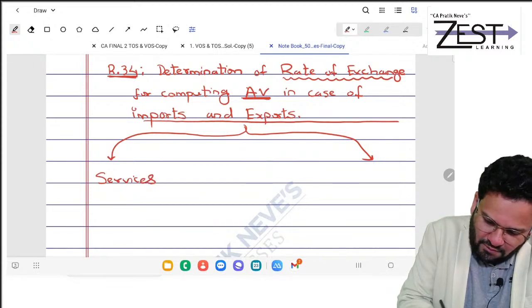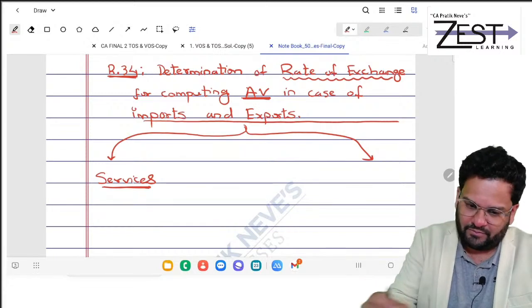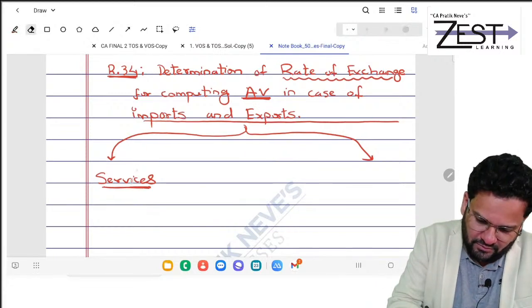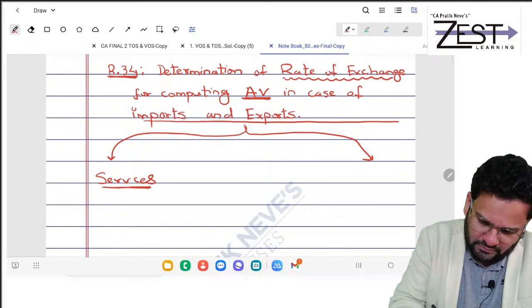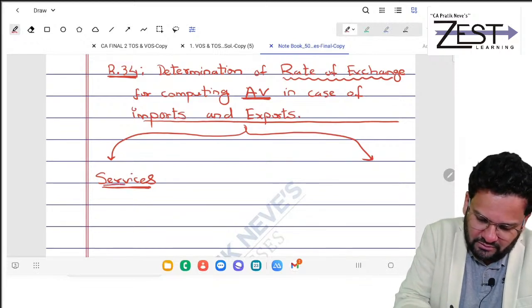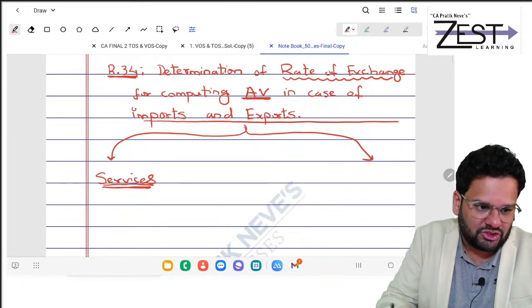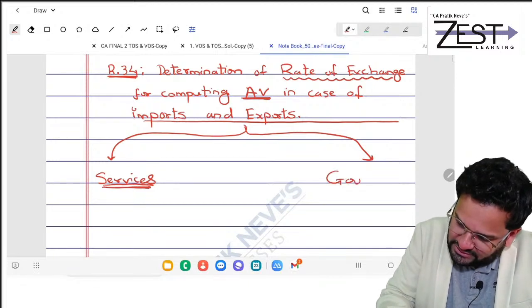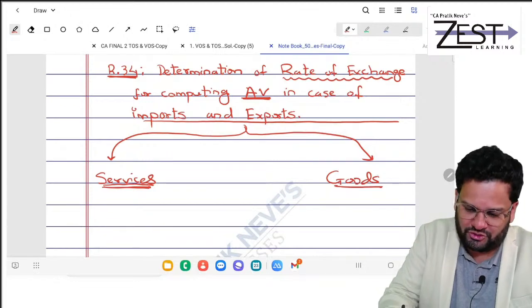So, in case of services, how will you determine rate of exchange? And how will you determine rate of exchange in case of goods?